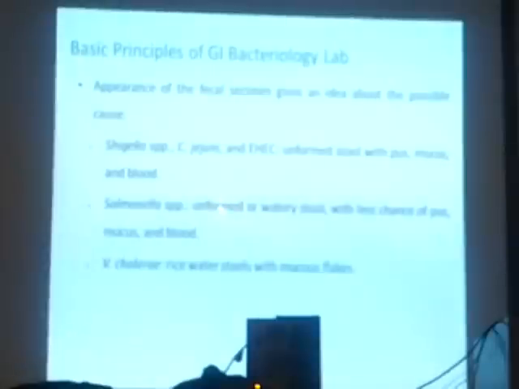Salmonella species cause unformed or watery stool, with less chance of pus, mucus and blood. Vibrio cholerae doesn't contain pus or blood, but it contains what we call rice water stool, watery diarrhea with mucus flecks.